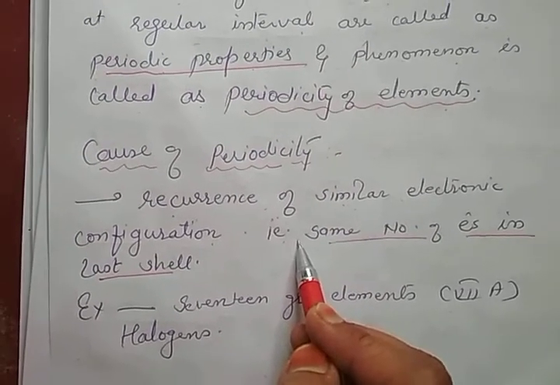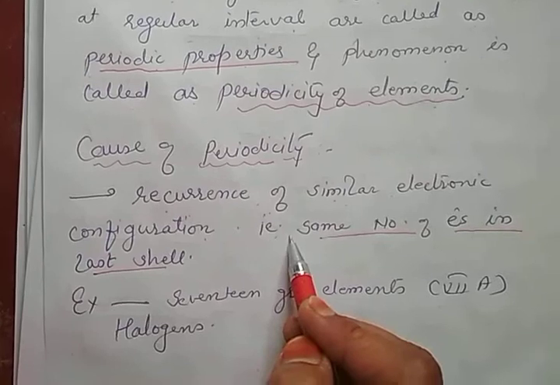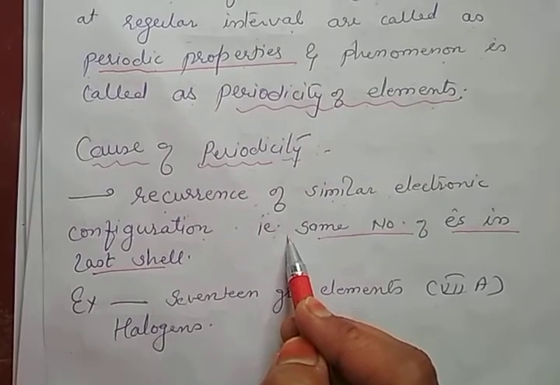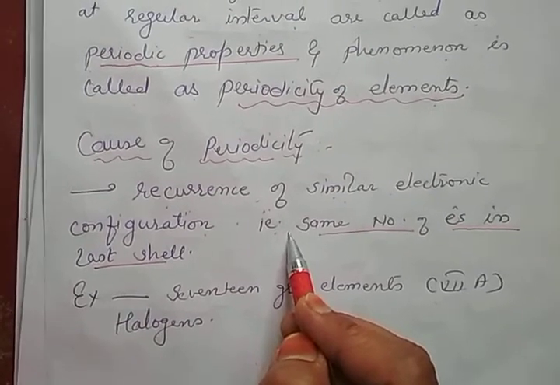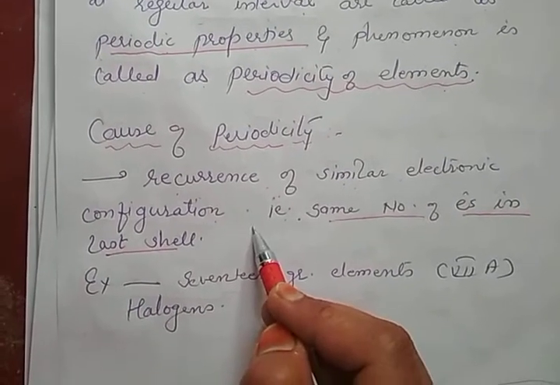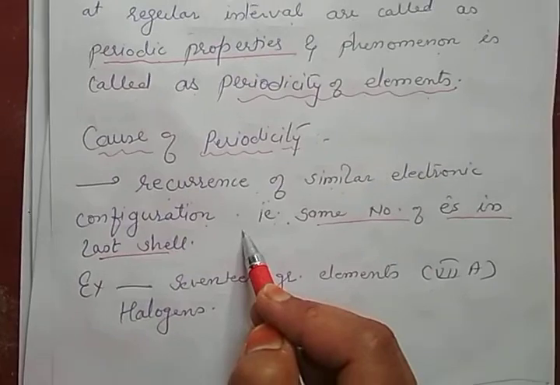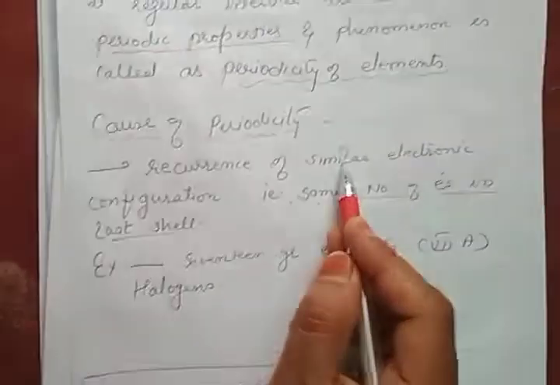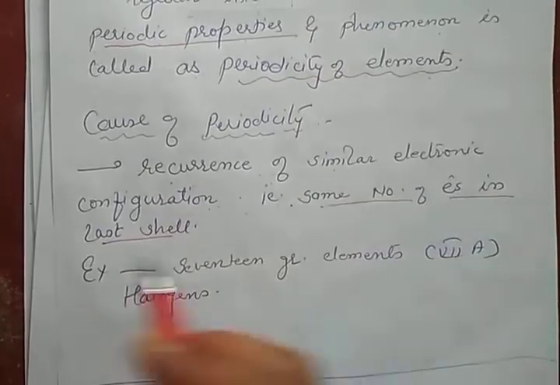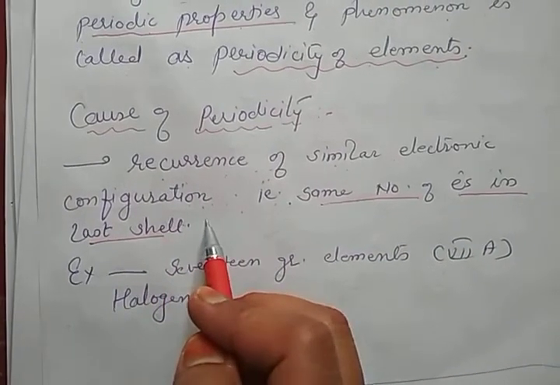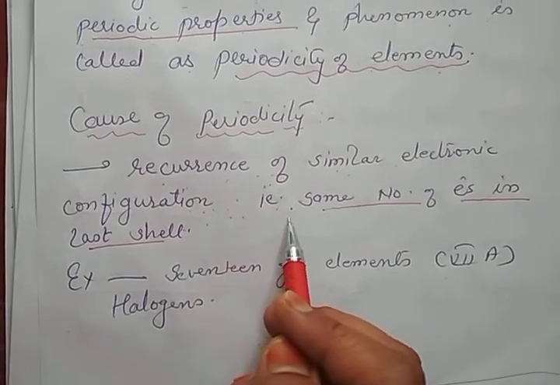If any two elements have the same number of valence electrons in their last shell, then they will possess the same properties. This is the main reason for periodicity, as the elements show recurrence of similar electronic configuration of the valence shell, that is the same number of electrons in the last shell. Due to that, periodicity takes place.